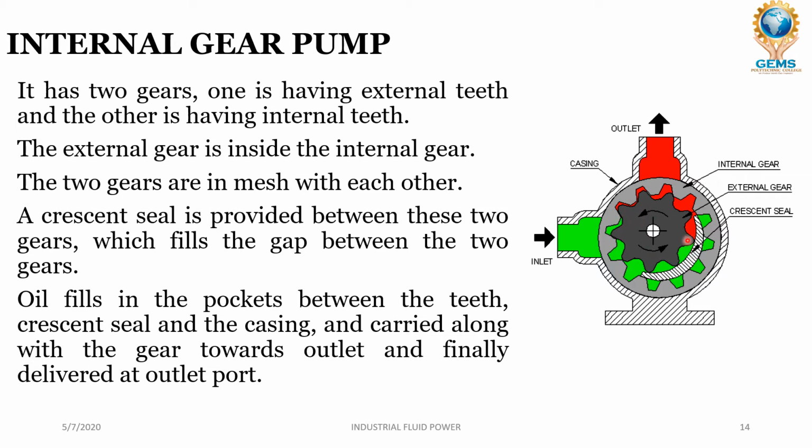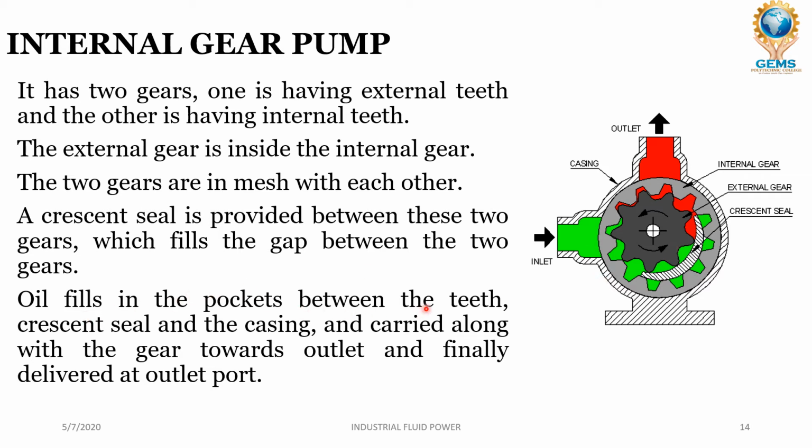A crescent seal is provided between these two gears, which fills the gap between the two gears. It is mounted in such a position that you can see a crescent shape gap is produced.